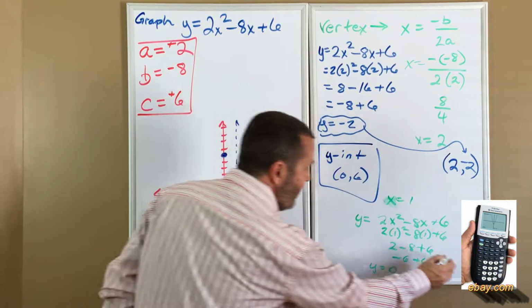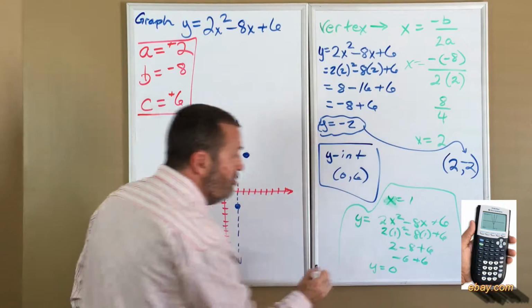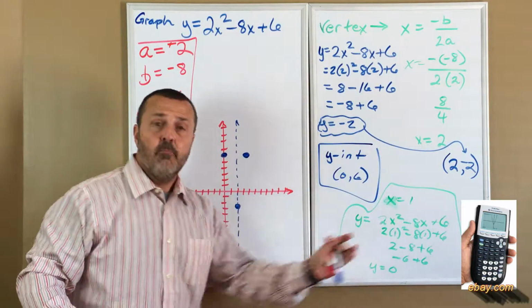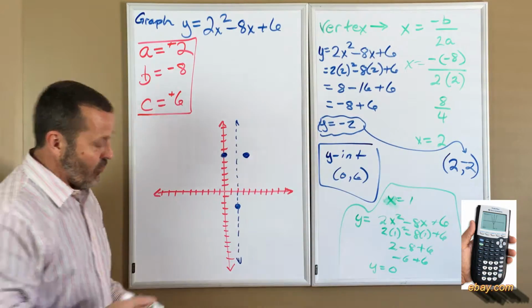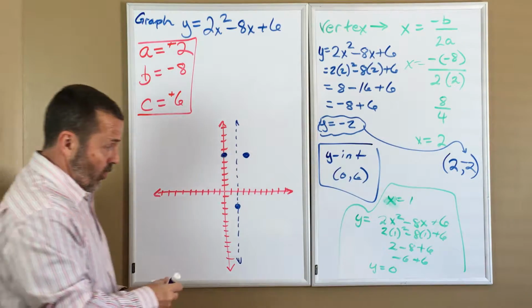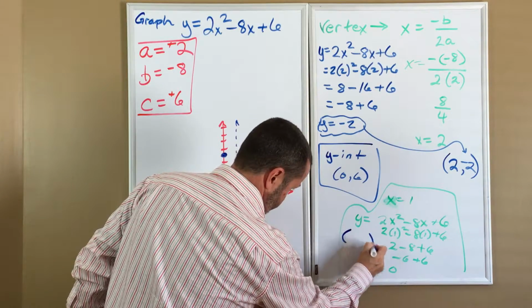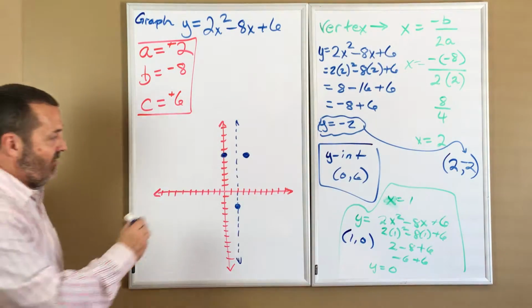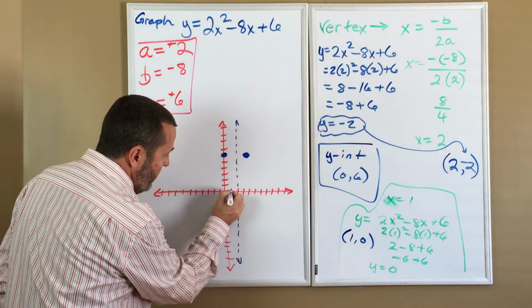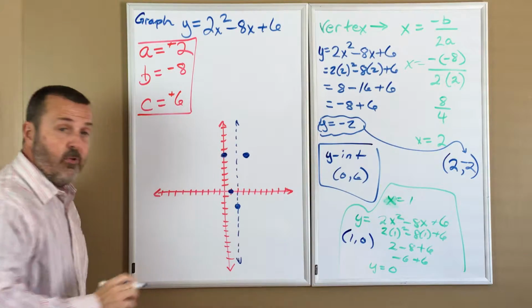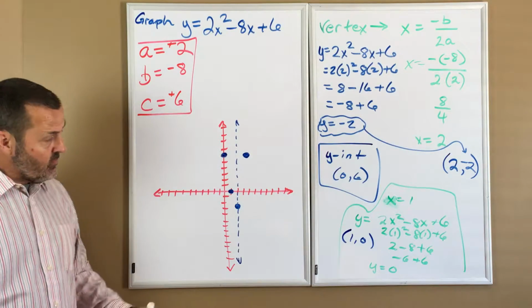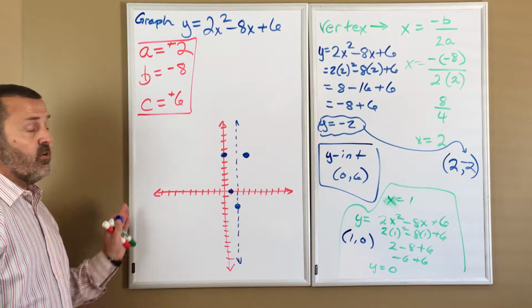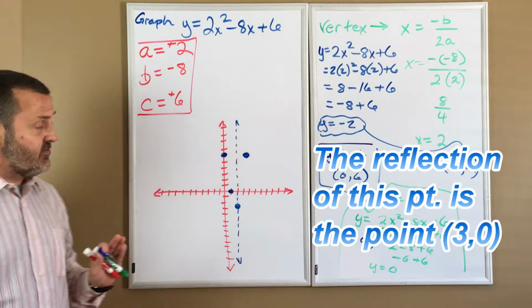So, by me choosing x equals 1, putting it back into my function, I've created yet another ordered pair. 1, 0. I've created another ordered pair that will help me when I'm doing my graph. What do we need to do? We need to reflect it across the axis of symmetry.